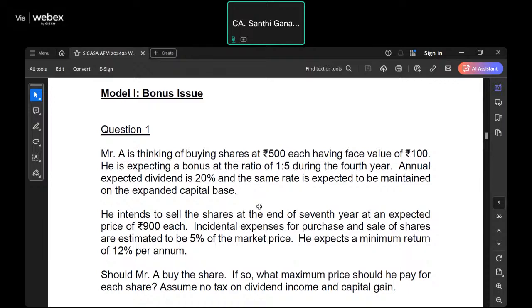The share price at the end of year 7 when he wants to sell is 900. Selling expense is 5%, so 45 rupees he has to give. Net selling price will be 855. Therefore, he will get 855 into 6 as the cash inflow.